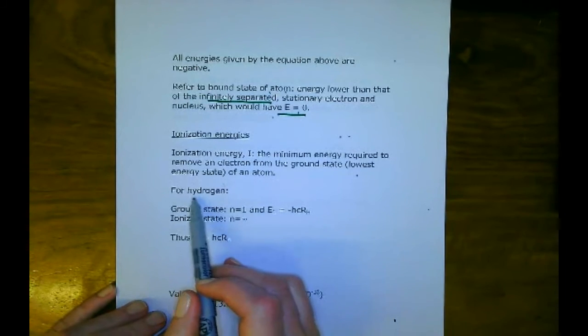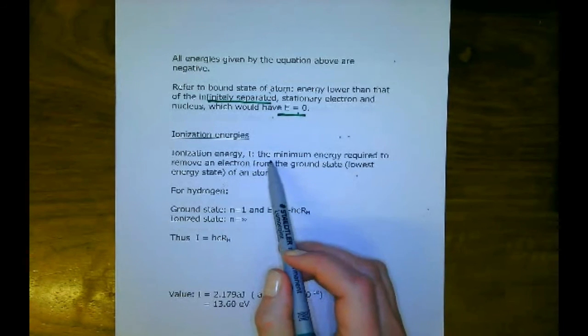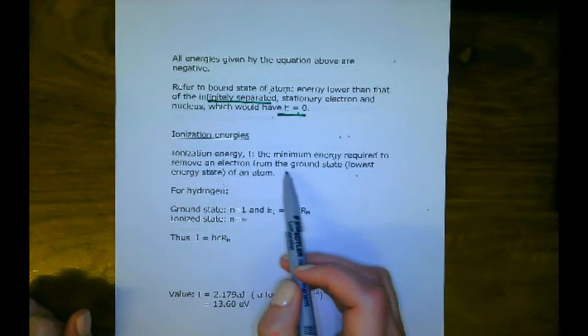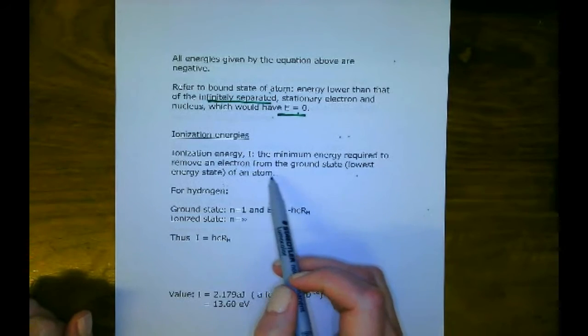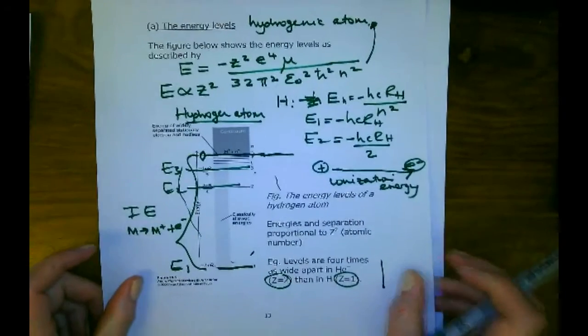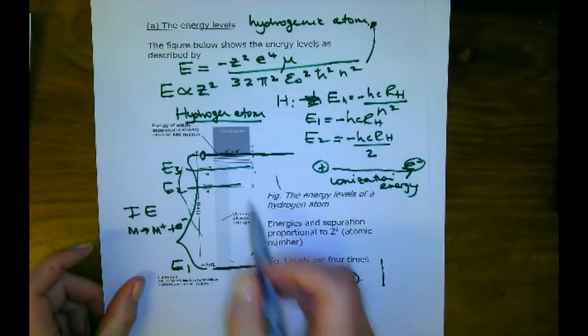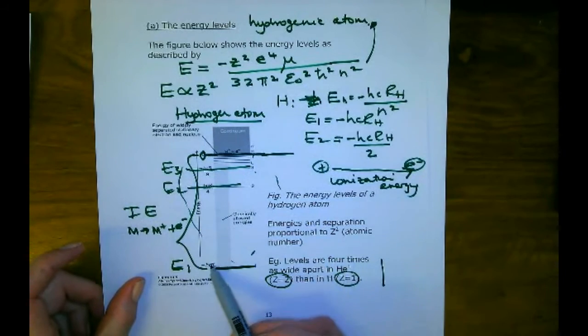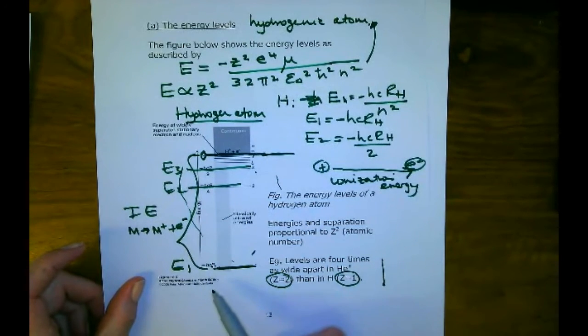Ionization energy in general is the minimum energy required to remove an electron from the ground state, the lowest energy state of an atom. For hydrogen, that is the lowest energy state, and the infinitely removed state is the other. So the ionization energy is the difference between those two.